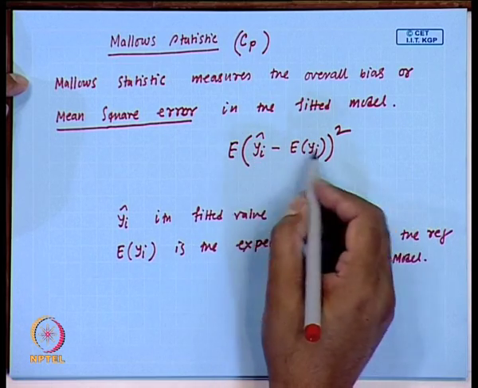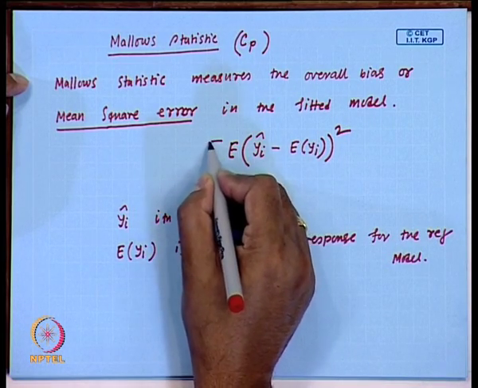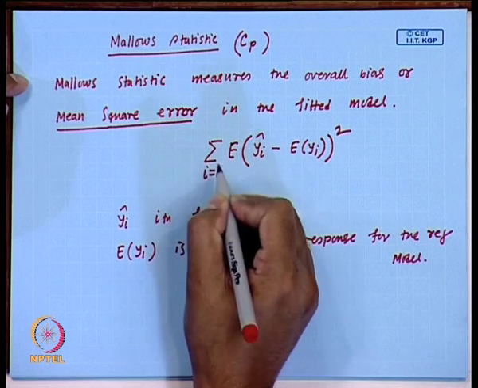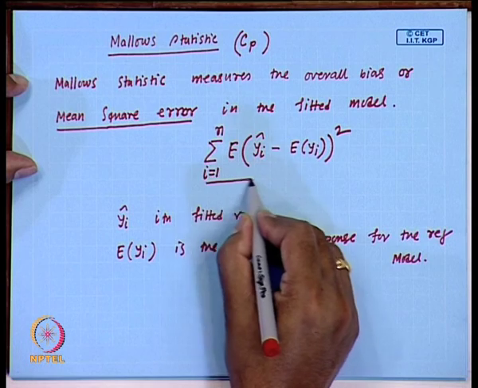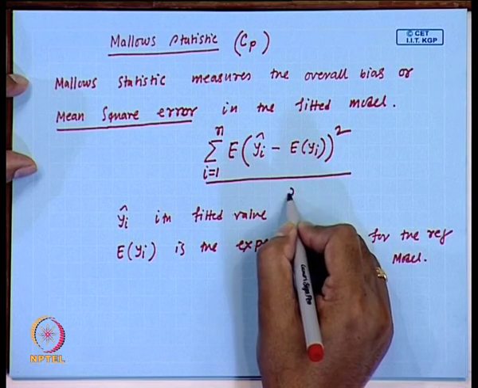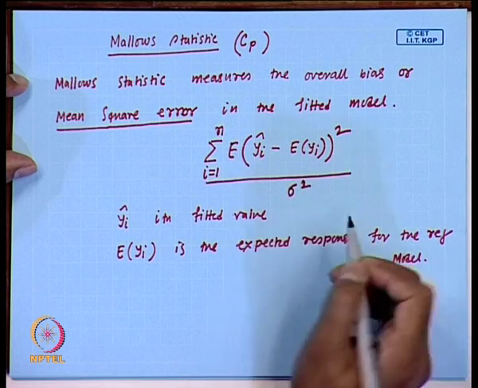Well, and this is for the ith observation, you sum it over i equal to 1 to n, and this one is standardized by dividing it by sigma square.